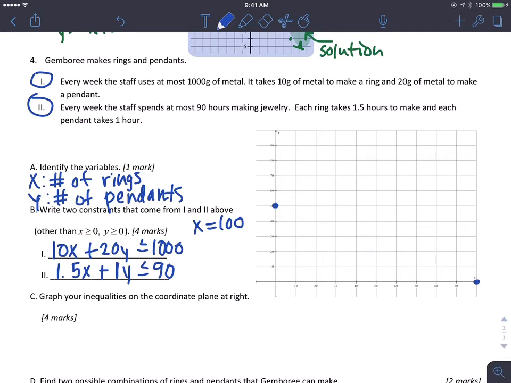They're both going to be solid lines, so I'm going to connect these in a solid line. And then if we make the whole left side equal to 0, so x and y both become 0, 0 is less than 1,000, that is a true statement. So I'm going to shade below where the 0 is.